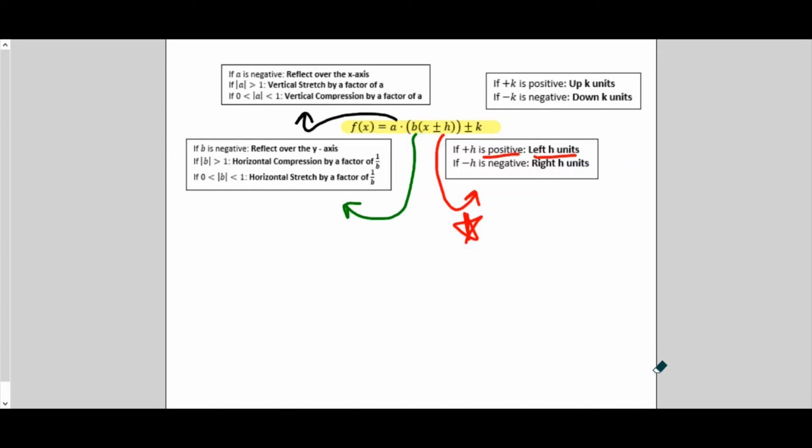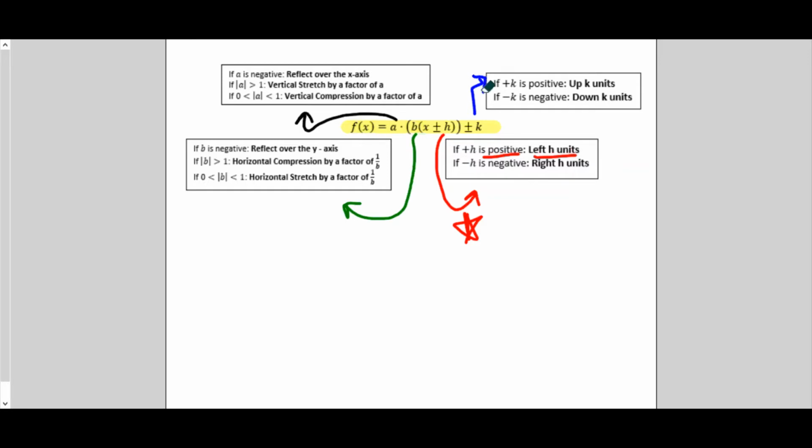Positive actually moves your graph left. It does the opposite of what's there. The important distinction is that h is going to be inside parentheses with the x. And if h is negative, then it moves your graph right h units. So again, this would be a horizontal shift, left or right. It always does the opposite of what's there.